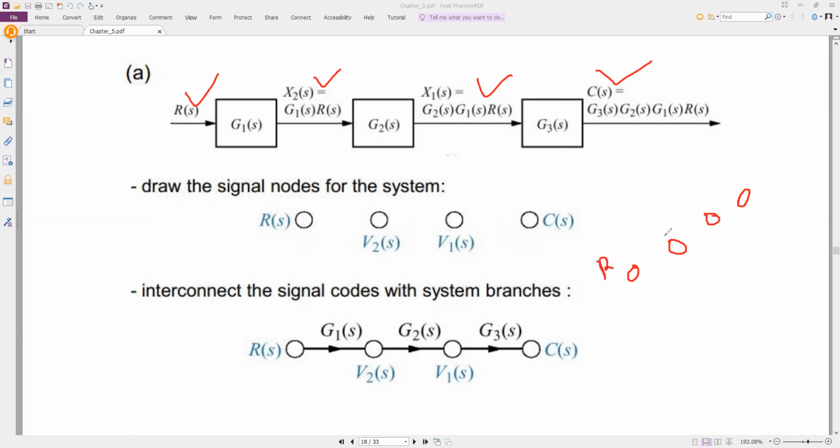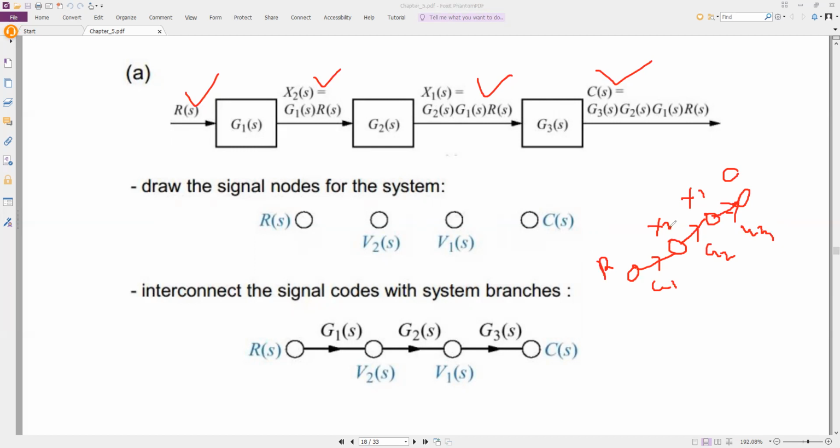Say this is R, X2, X1, C. So R to X2, X1, and that is G1, G2, G3.